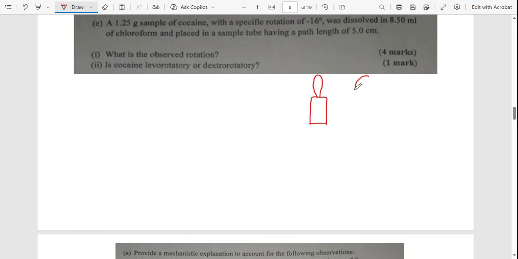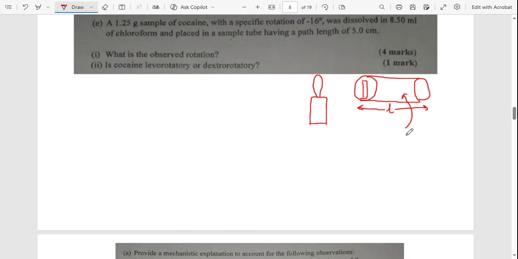And then you have got a tube. Okay, you have got a tube like that. And then there's a small opening here. So this tube has got a length L. Okay. And then of course inside you have got a solution which has got a concentration.